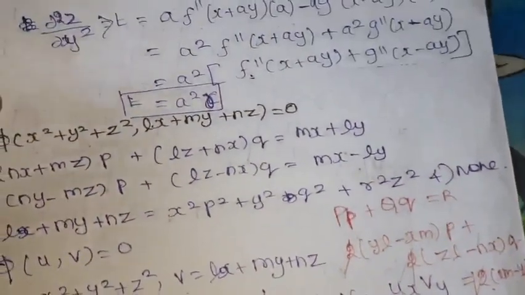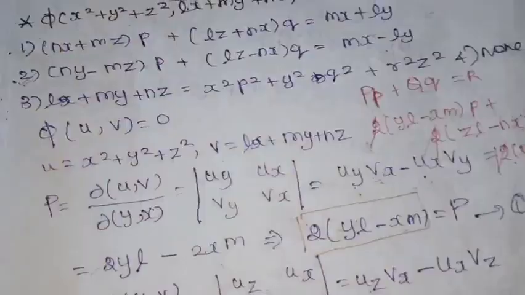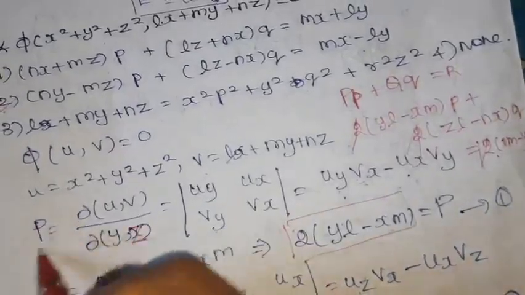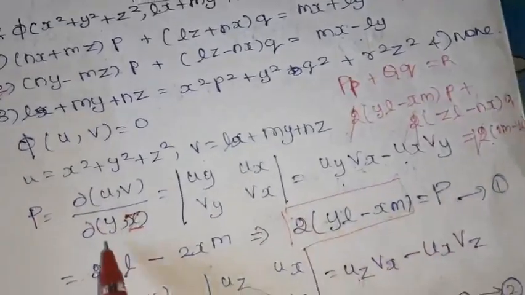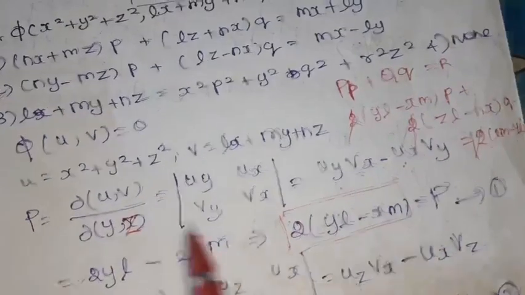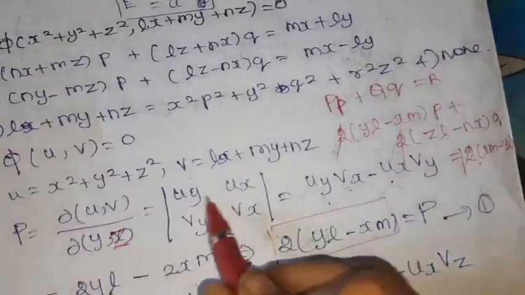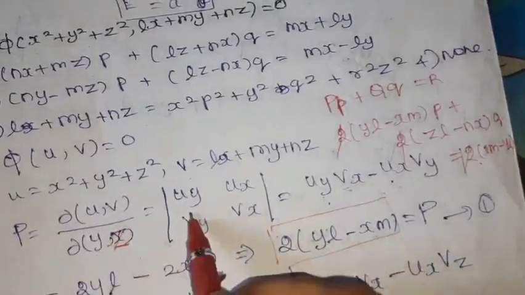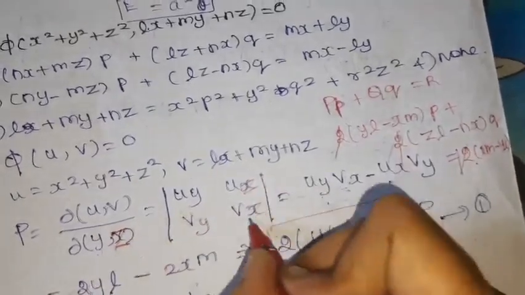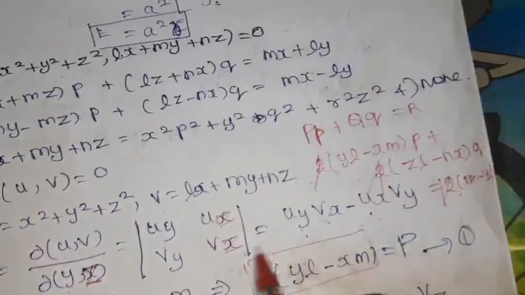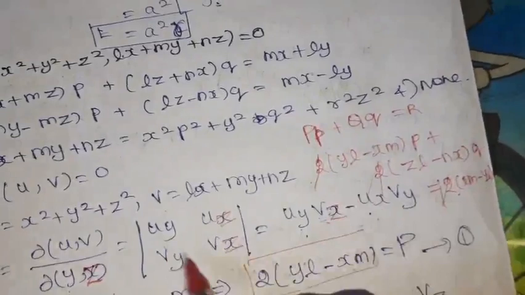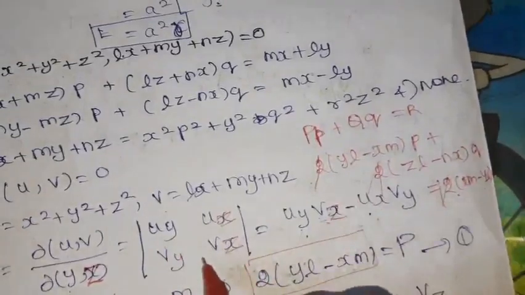P, sorry, I am really sorry, this is dou y, dou z, right? When P is a function of x, so dou u comma v divided by dou y, dou z. We are really sorry guys. uy uz, vy vz, right? uy into vz minus uy into uz.